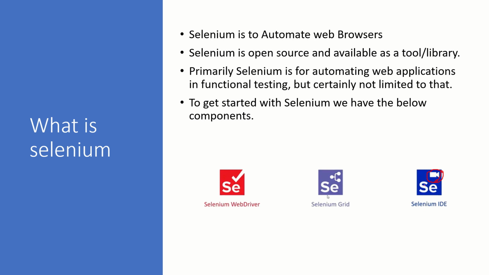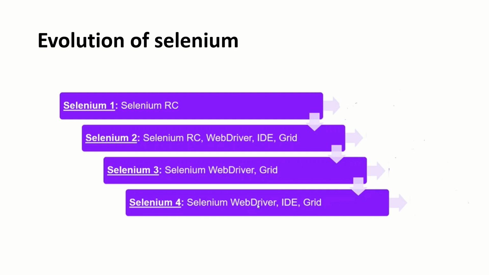This is a tool where we can perform record and playback, which is more useful for quick tests or exploratory testing. But to have complete test automation for my application, I need to use libraries like Selenium WebDriver and Selenium Grid.